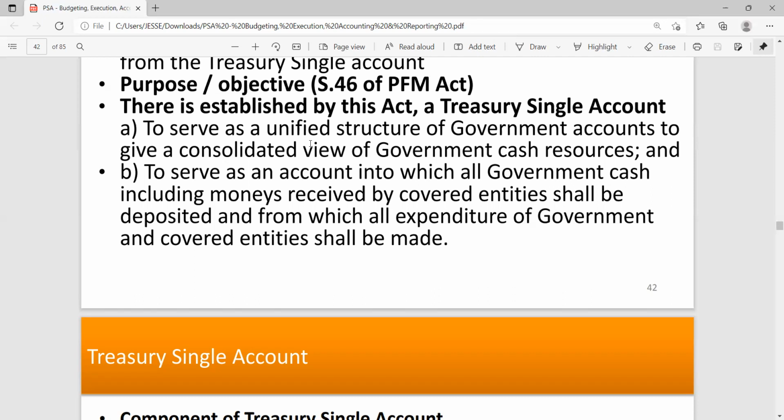The second thing is that it also serves as an account into which all government cash, including monies received by covered entities, shall be deposited, and all expenditures are made. So you have two things here. Number one, the consolidated view of all government resources. And it also provides a single account through which deposits and expenditure are made.